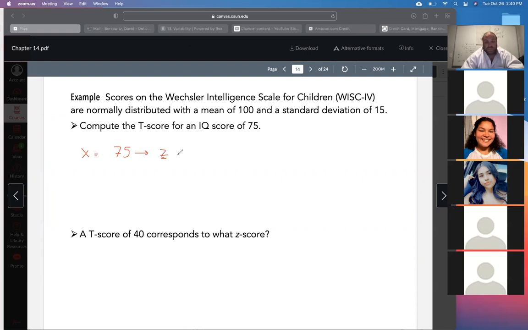If x is 75, in this example, what is z equal to? 100 minus 75 over 15. Close. It's not the mean minus the data, it's the data minus the mean. So 75 minus 100 over 15. Which becomes what?